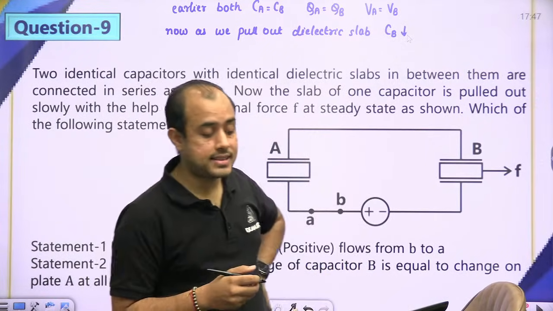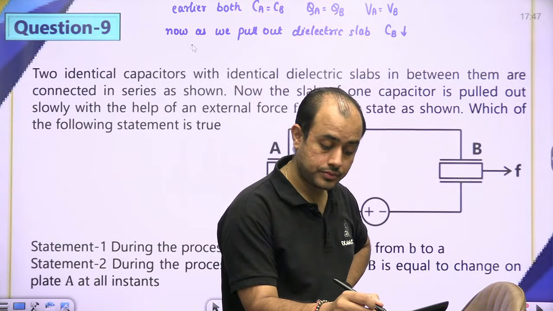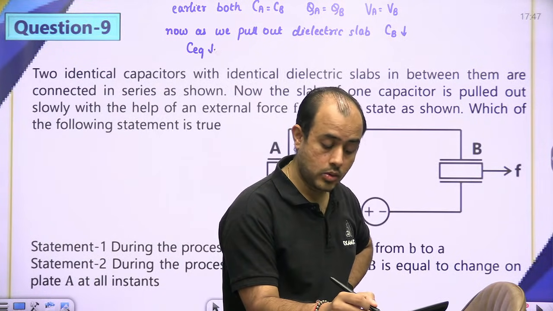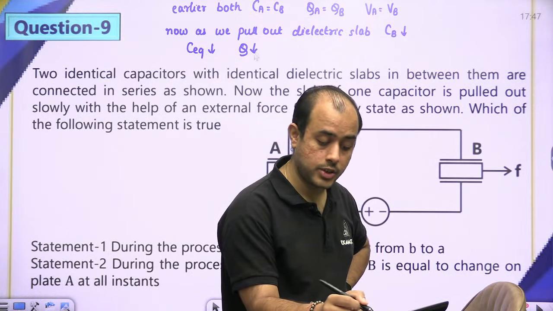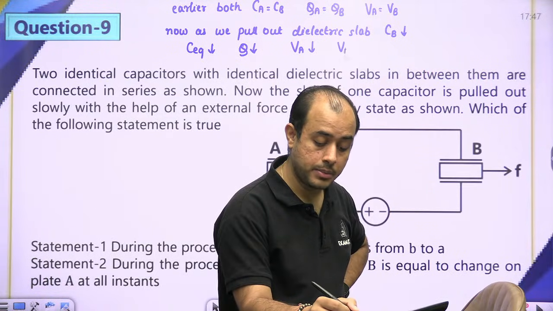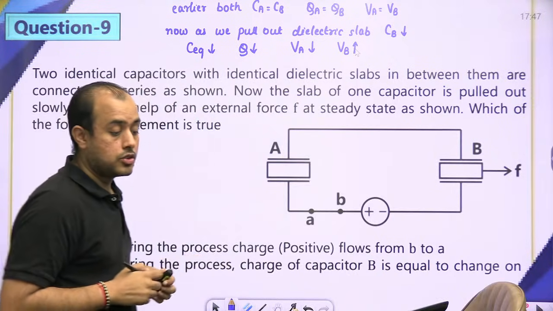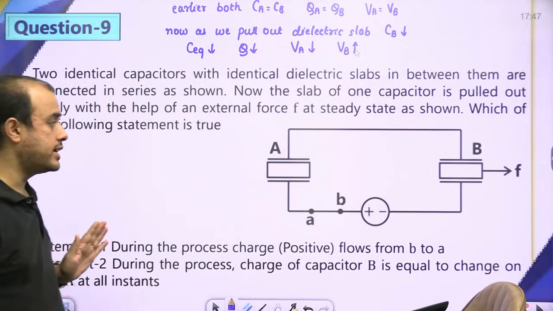Now beta, as CB reduces, the equivalent reduces, charge reduces, but voltage VA will decrease, VB will increase because total voltage is same. So now beta, charge is overall decreasing.